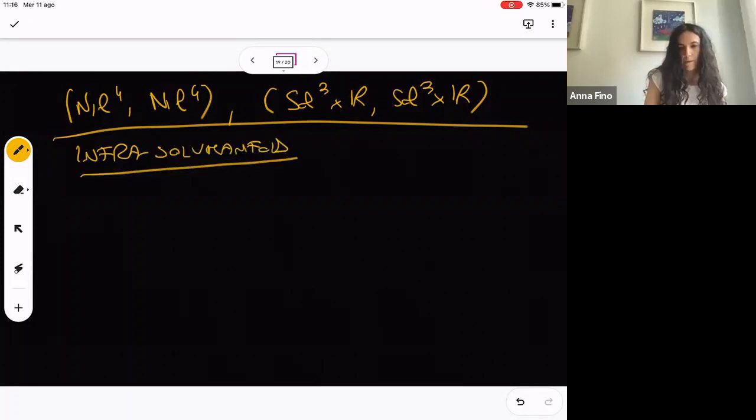So that means that up to a finite quotient it is a compact manifold, and it's nice because essentially they are completely classified.